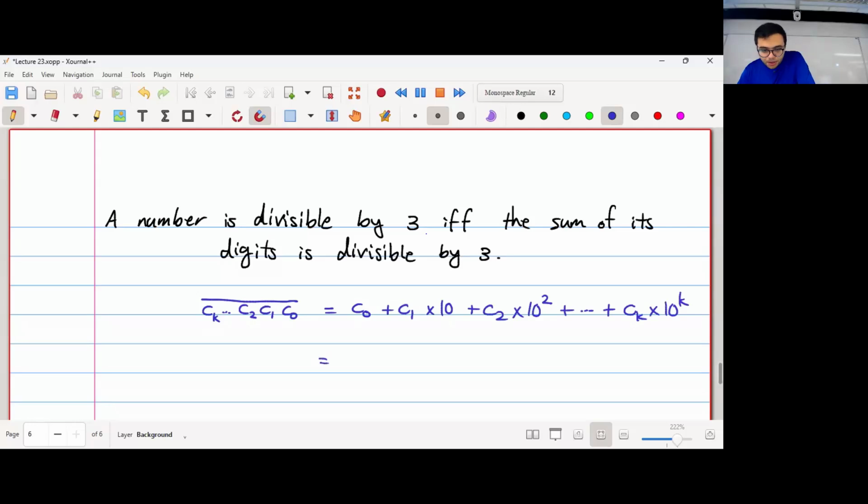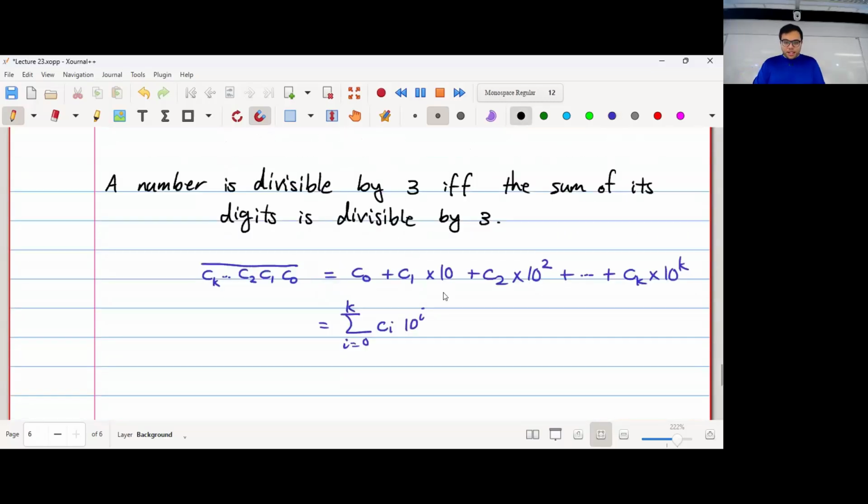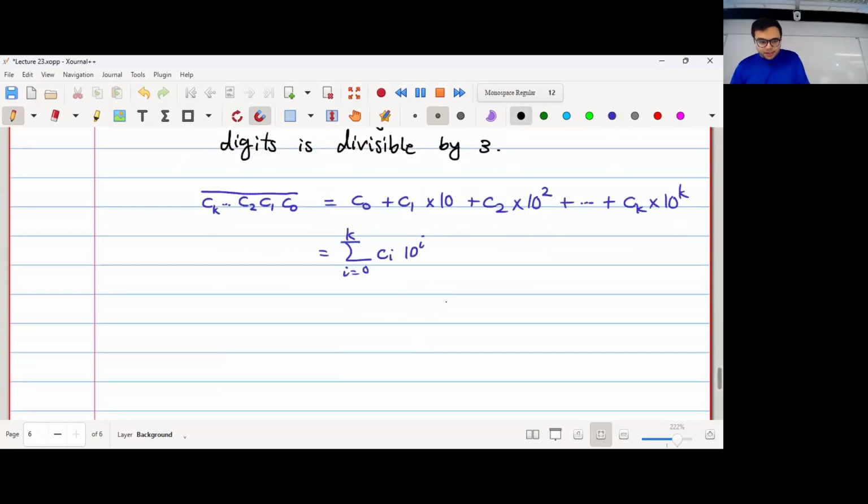So basically my number is the sum of Ci times 10 to the power of i, where i goes from 0 to k. Okay. And what I'm saying here is this sum of Ci times 10 to the power of i is congruent to just the sum of Ci, if I take it modulo 3.